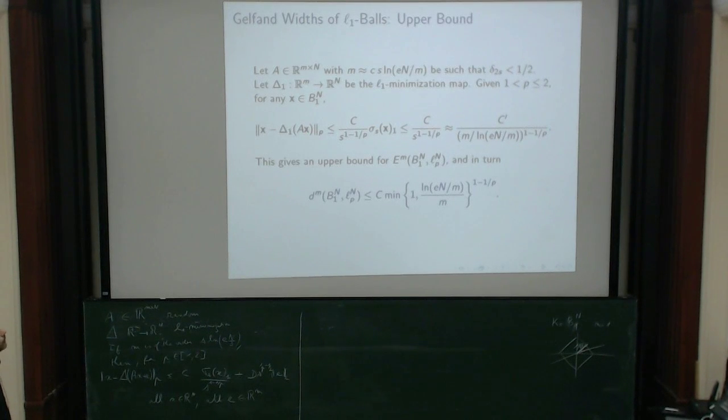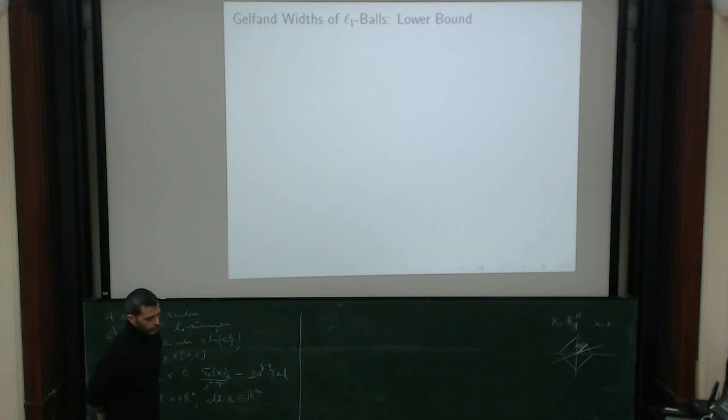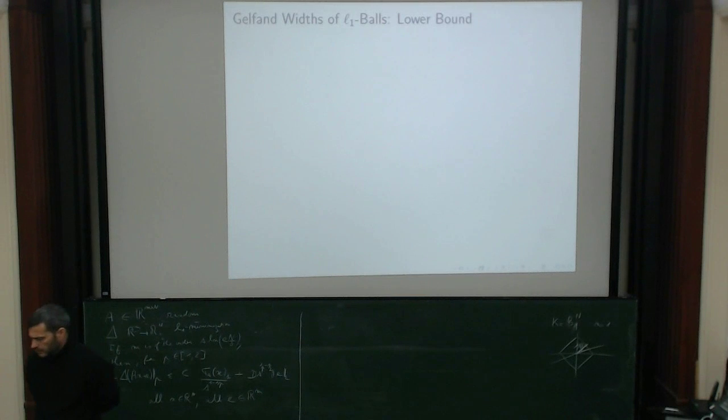All right, so we do have an upper estimate for the Gelfand width. Now I want to spend some of my time talking about the lower estimate for the Gelfand width. Again, this was obtained at the end of the 70s, beginning of the 80s, by Garnaev and Gluskin. The proof is, I think, 3-4 pages.